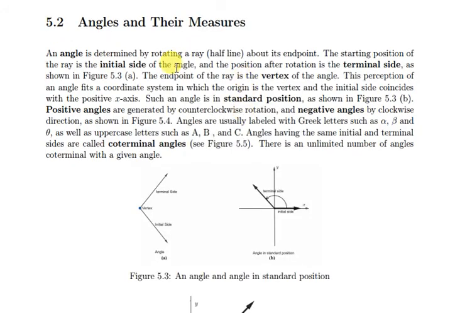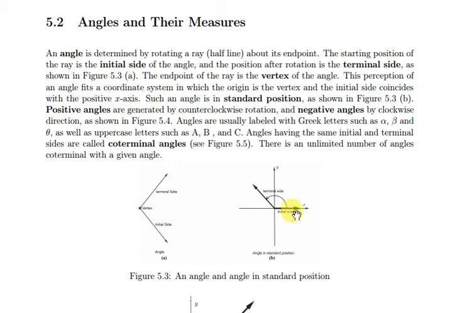Okay, next, angles and their measurements. An angle is determined by rotating a ray, a half line, about its endpoint. The starting position is called the initial side of the angle. The position after the rotation is called the terminal side. If this is our initial side, after rotating the ray, this is now our terminal side.